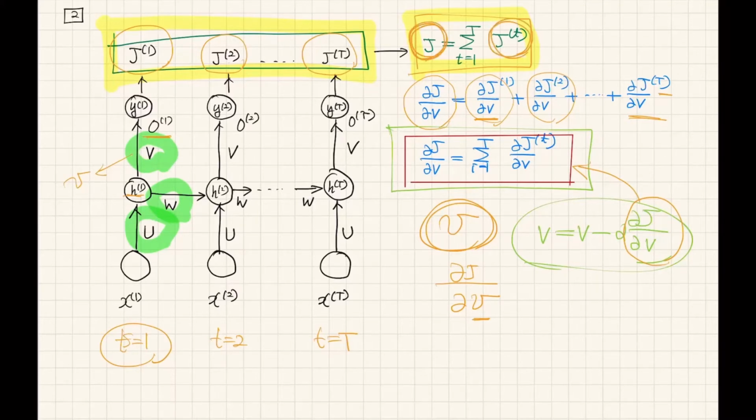So it makes things very complicated. For example, if you want to update W, you have to think about the path of this one and the path of this one. In this second path, you have to find all the relationships from t equals 1 to t equals T.